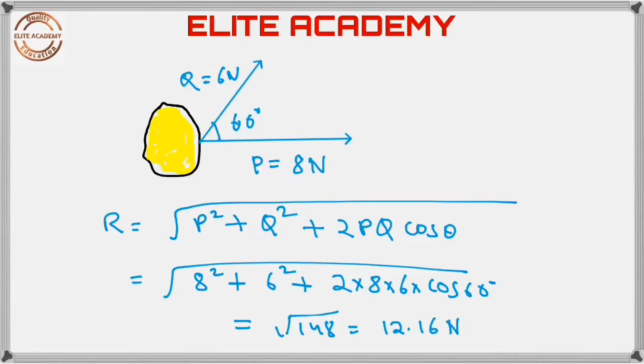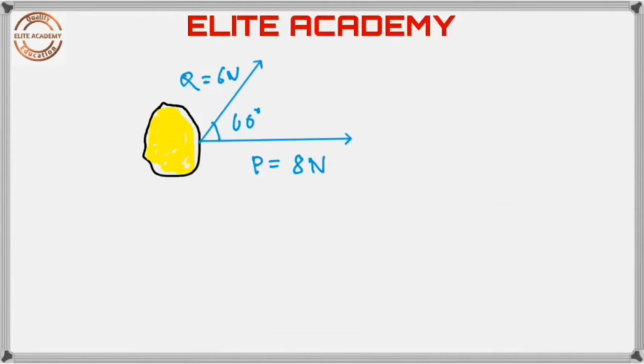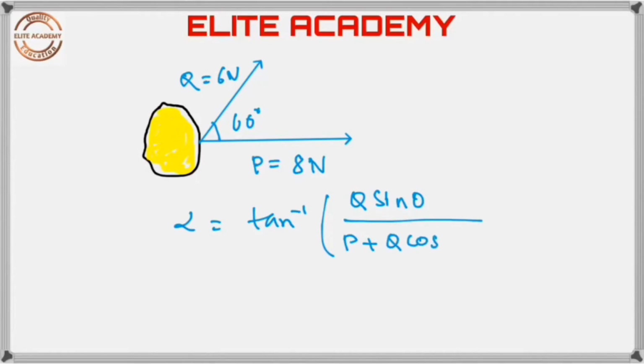Let us find the direction of the resultant. The direction of the resultant we get by using the formula alpha is equal to tan inverse Q sin theta upon P plus Q cos theta. So here we have P is equal to 8, Q is equal to 6, theta is equal to 60 degrees.